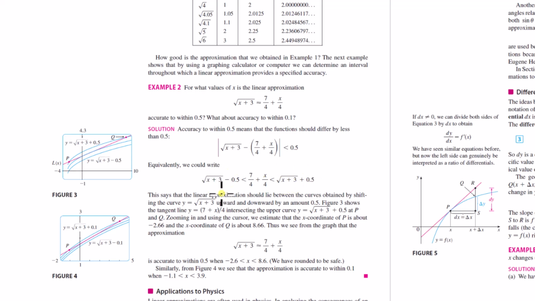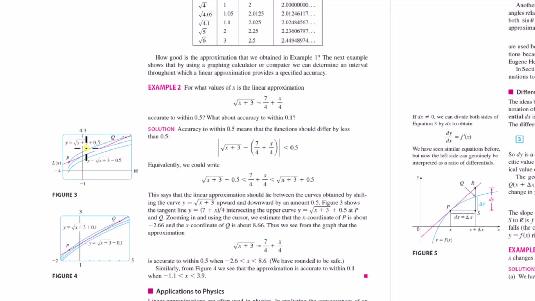And what this is showing is that you have your original curve, and if you shift that curve up by 0.5 and down by 0.5, the linear approximation, L(x), is in between those two shifted curves. And they show that at least at this point on the curve, L(x) lies above the main curve.